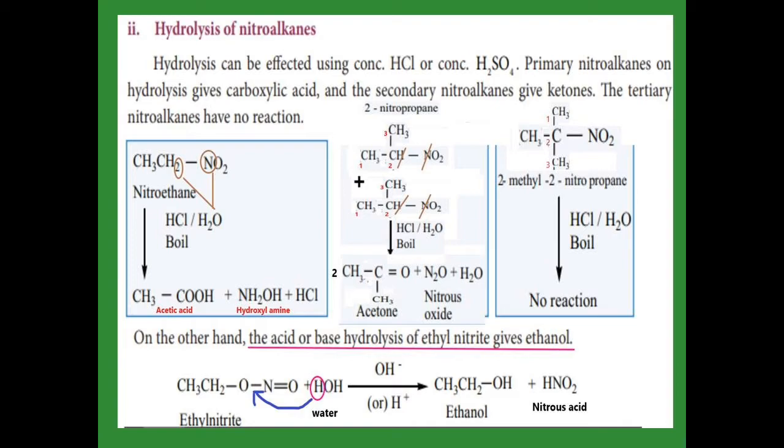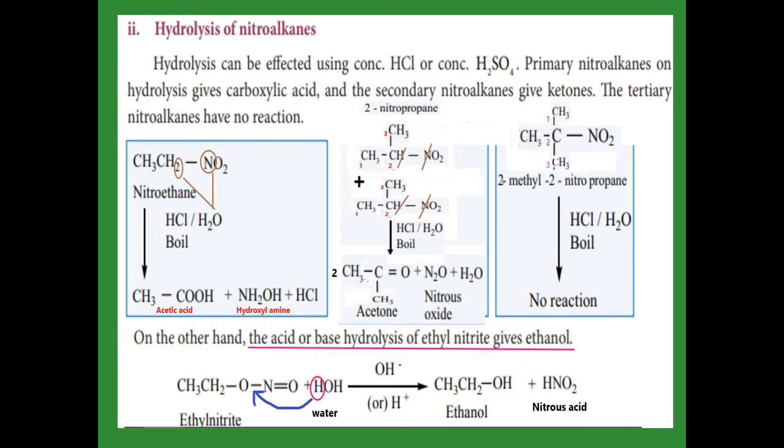Then the second one, the 2-nitropropane. 2-nitropropane is the secondary nitroalkane. We are going to take 2 moles of 2-nitropropane. In that one, in the same way we boil with HCl and water, where I strike the brown color hydrogen and then strike the 2 nitrogen.